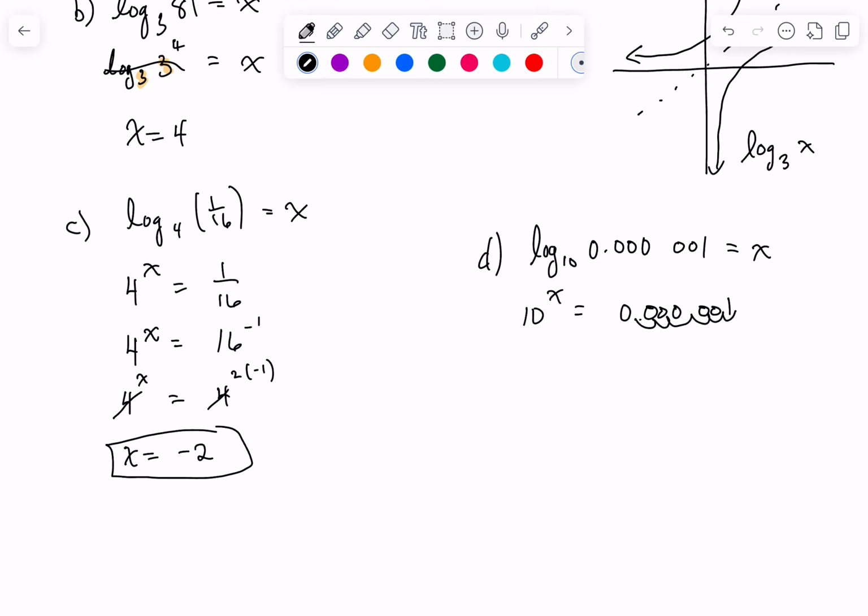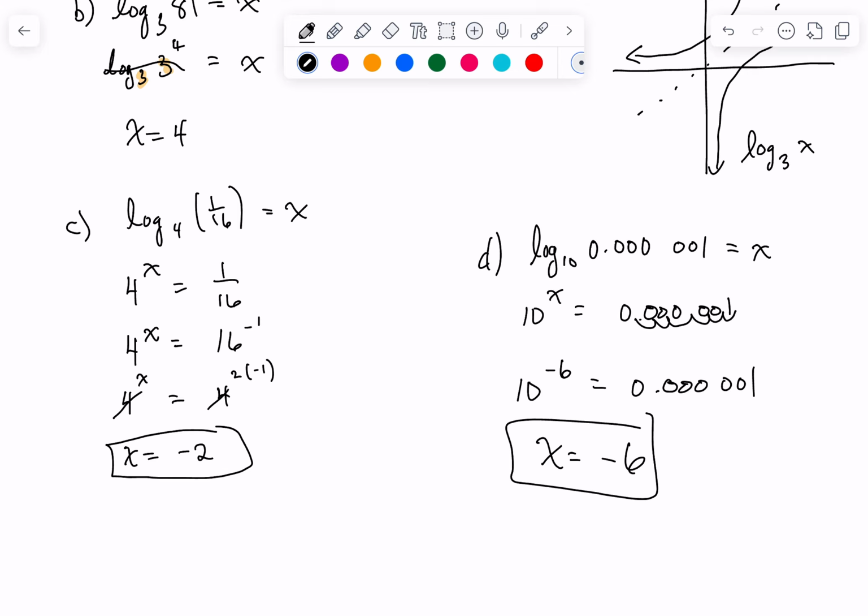You're going to divide by 10 6 times, so you're going to get 10 to the negative 6 is going to equal 0.000001. And so x is just going to equal negative 6. Okay, and that's it.